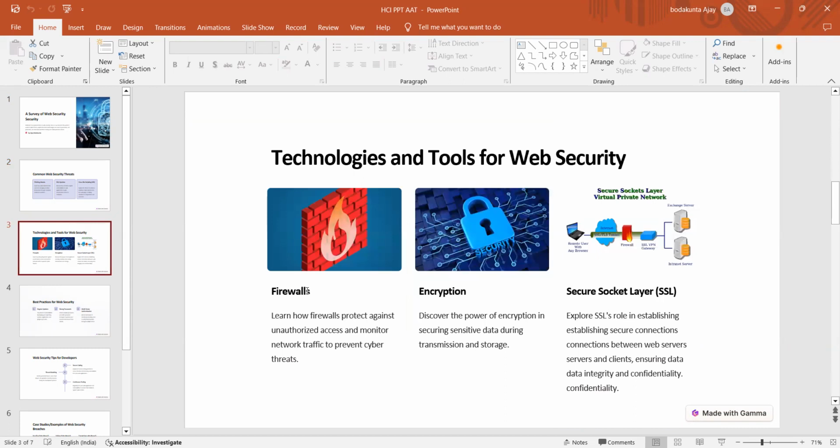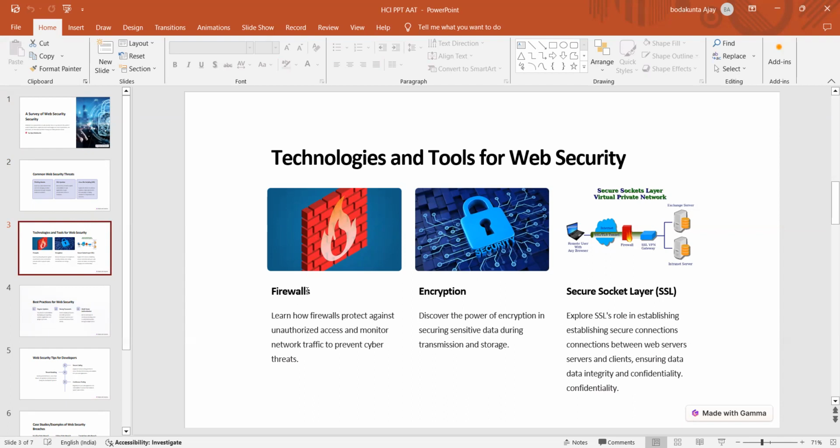And what are the technologies or tools used for web security? The first ones are firewalls, encryption, and secure socket layer. Firewalls protect against unauthorized access and monitor network traffic to prevent cyber threats, and they do not allow malicious software to install into your system.